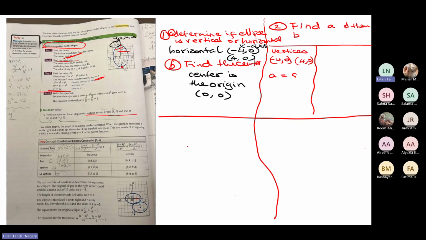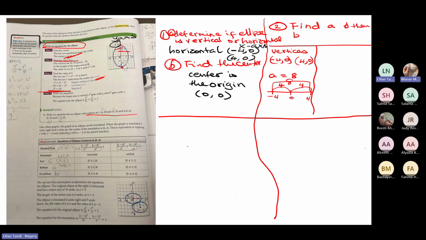A equals 8. Do you agree or no? How do I know? I put here -4, I put here 0, and I put here 4. The distance from here to here is 4. The distance from here to here is another 4. All together, the distance is who? 8. That's how I got 8. Are we together? That is the value of A.